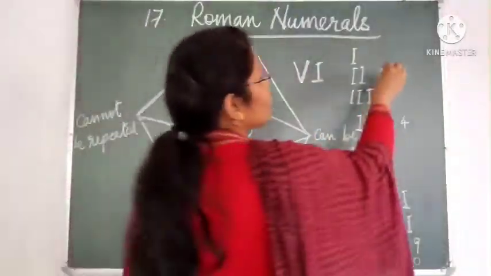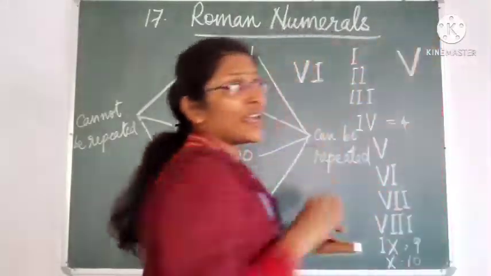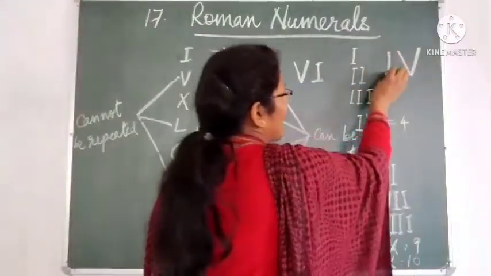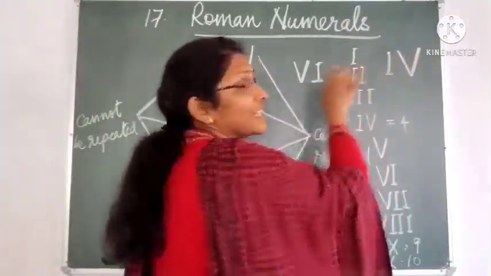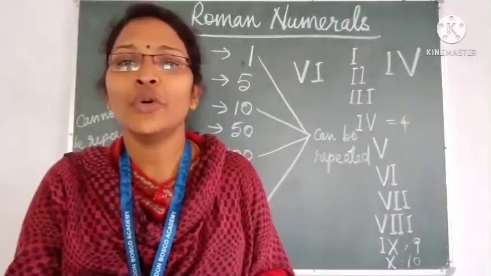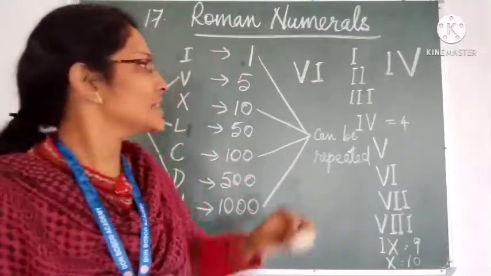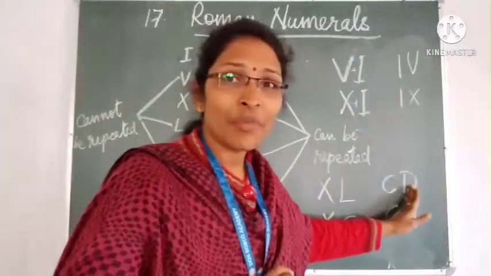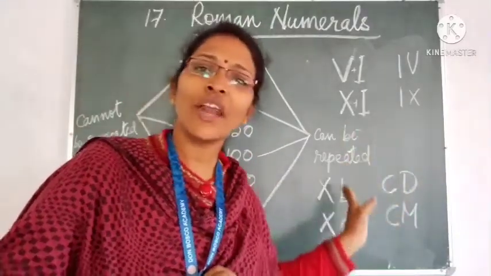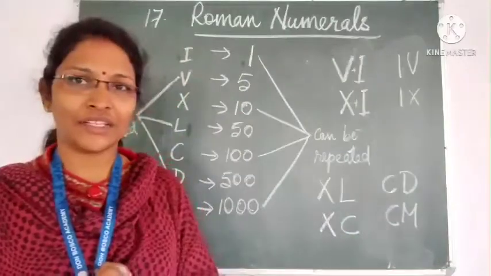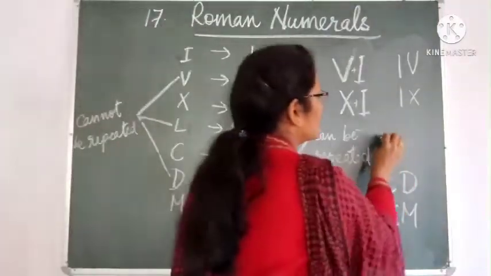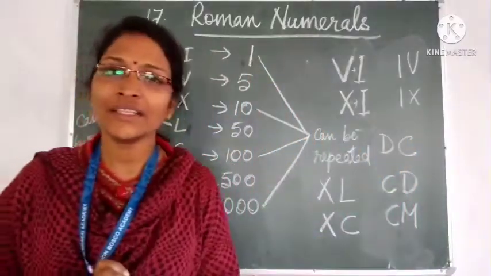If a smaller Roman numeral is written before the greater Roman numeral, we are doing subtraction. When you write before the number, it is subtraction, and if you write after the number, it is addition.